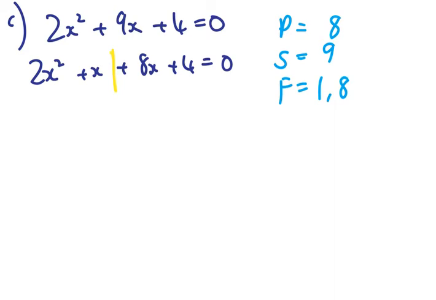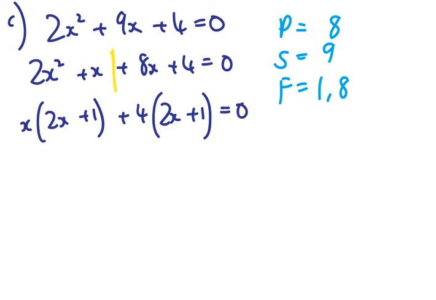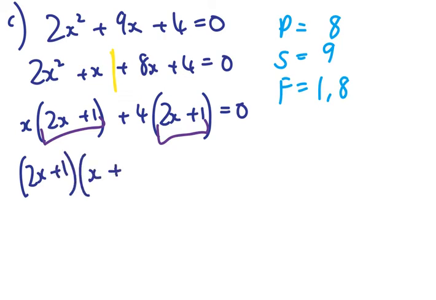Common factor here is x, so I'll then get x(2x plus 1) plus 4(2x plus 1) is equal to 0. So from here, 2x plus 1 is in common, that's coming out the front. So 2x plus 1, then I've got in brackets x plus 4, my leftovers there.